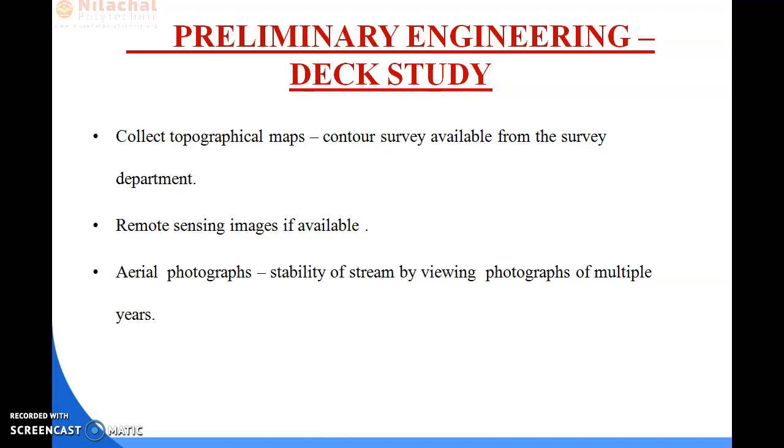We know that it may not always be possible to have a wide choice of site for a bridge, and this is particularly so in the case of bridges in urban areas. For river bridges in rural areas, usually a wider choice may be available.